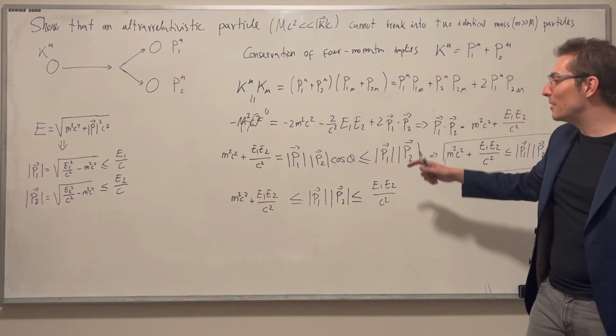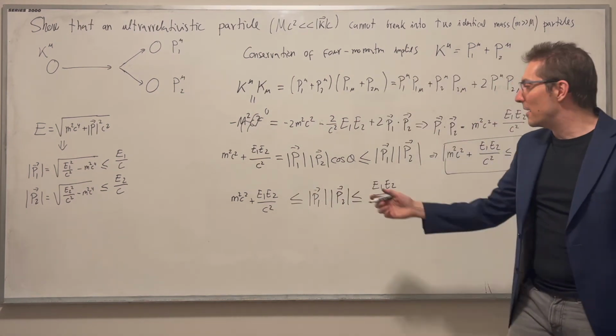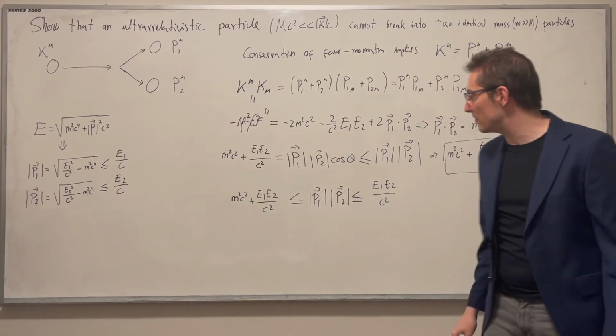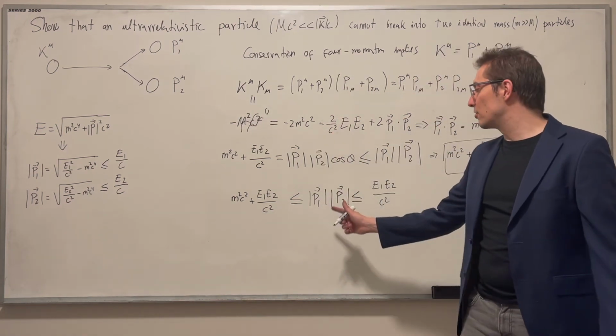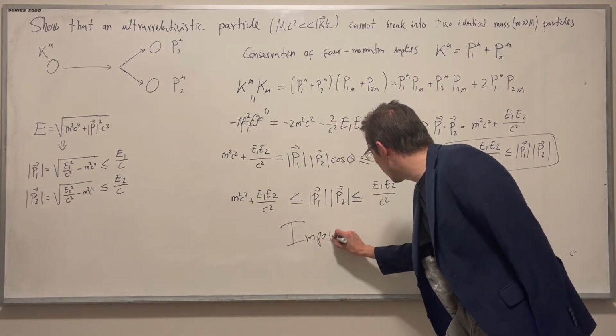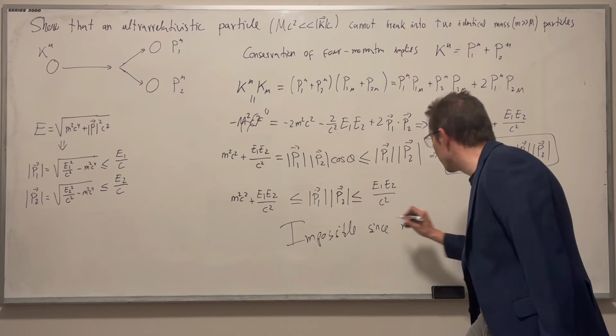The only possibility is that this term were 0, and then everything would saturate the equality. But this thing is not 0. This is a finite mass. The particles that break out have a finite mass, and therefore this condition is impossible to fulfill. Impossible since m is larger than 0.